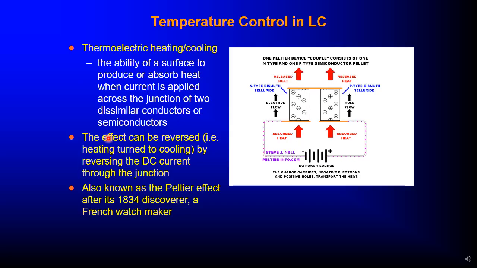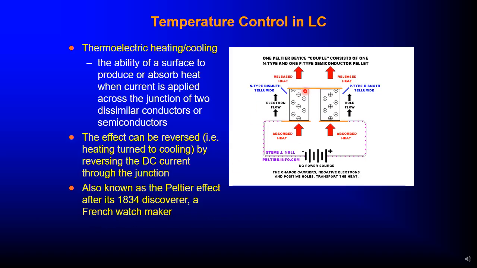So the effect can be reversed. For example, heating turned to cooling by reversing the DC current through the junction. So also known as the Peltier effect, after its 1834 discoverer, a French watchmaker.